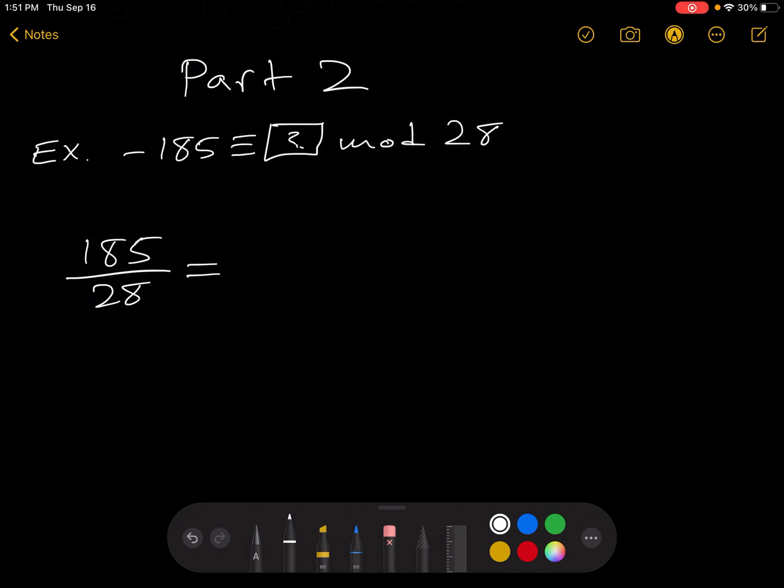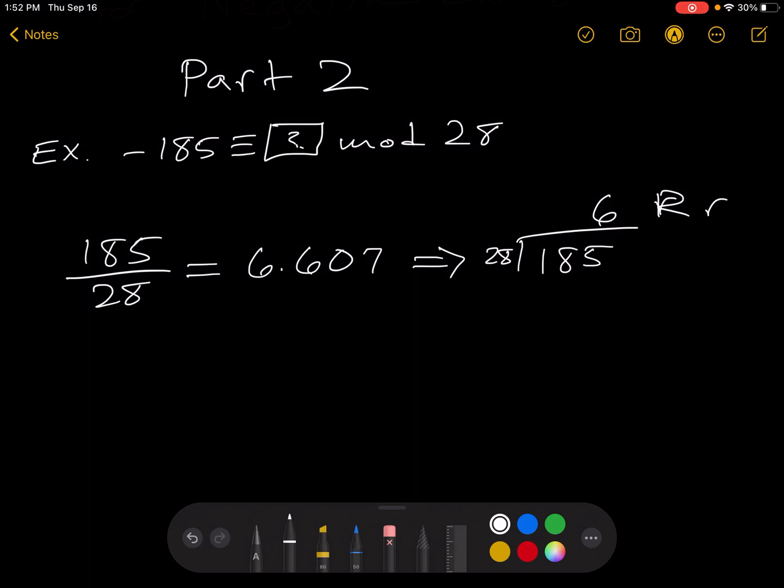This is accurate to 3 decimal places: 6.607. What this means is that 185 divided by 28 goes in 6 times, and we have some remainder r.